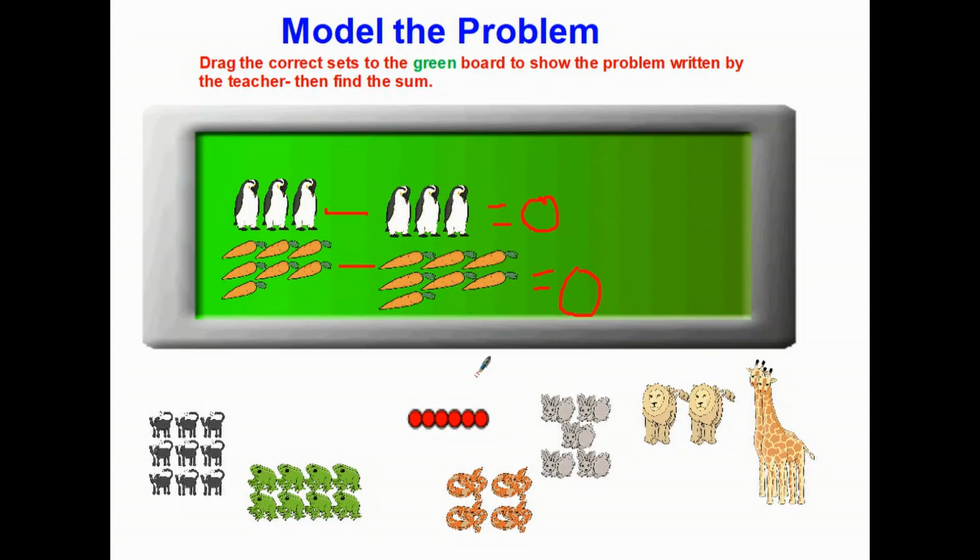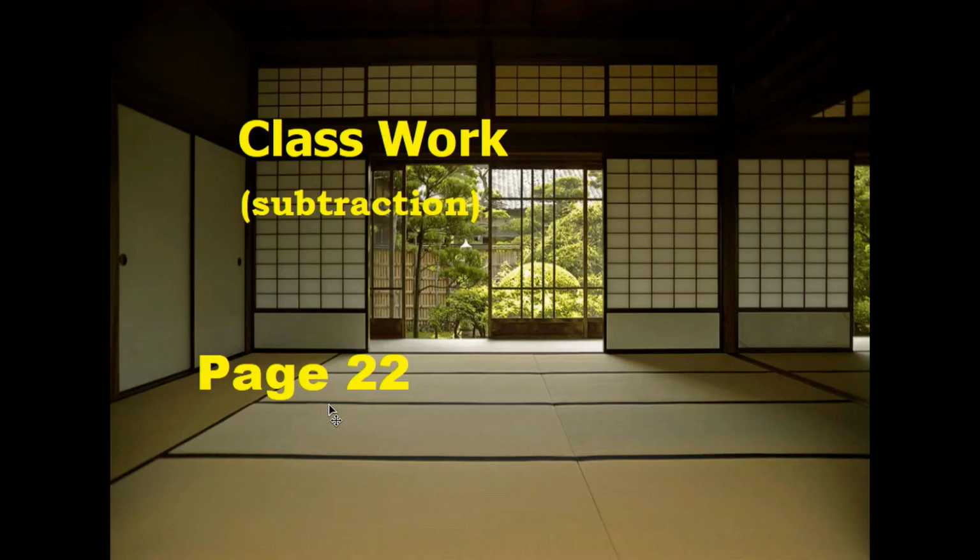Now what next? The next video helps you learn how to subtract 1-digit numbers. After that you will do classwork. But take a look at the video. Now is classwork time. What you're going to do here is go to page 22 of your workbook.